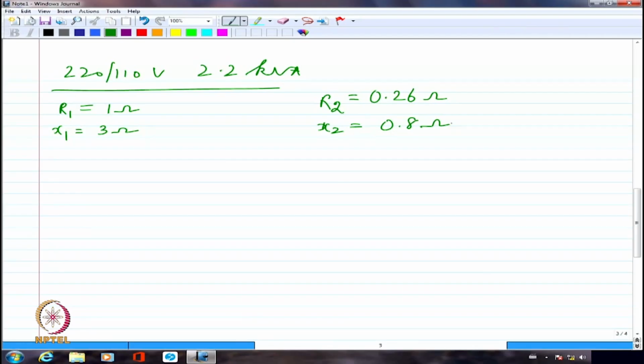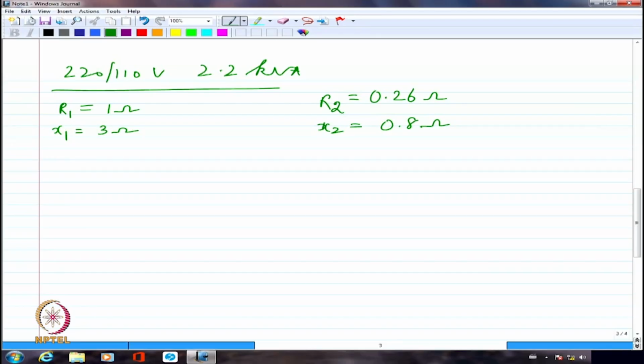It is N1 by N2 the whole square. Yeah, that's why 1 by 4. 220 by 110 is the turns ratio. If I am transferring everything to the primary side, I have to multiply by 4 because 2 square, 2 by 1 the whole square.